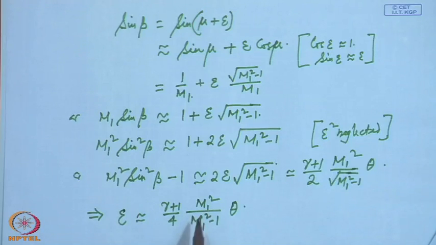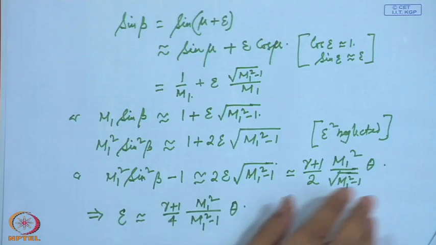So, see that for a deflection angle of theta, the difference between the wave angle beta and the Mach angle mu is of the order of theta.